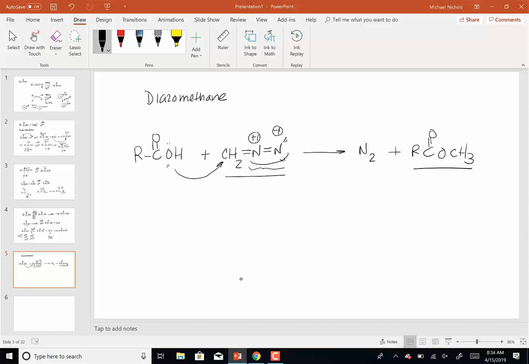So you end up having to make the diazomethane and then react it. And there's a whole dedicated glassware to be able to do that. So this is another way to make a methyl ester. It's very specialized, and it's very old in terms of historic, but it is another way to make a methyl ester.